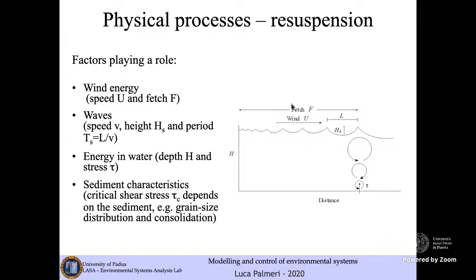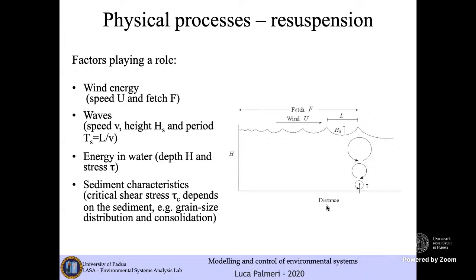The fetch is a length or a distance over the surface of the water body that is exposed to the wind blowing. The larger the fetch, so the longer the distance, the higher will be the waves generated by wind blowing on the surface of a water body.